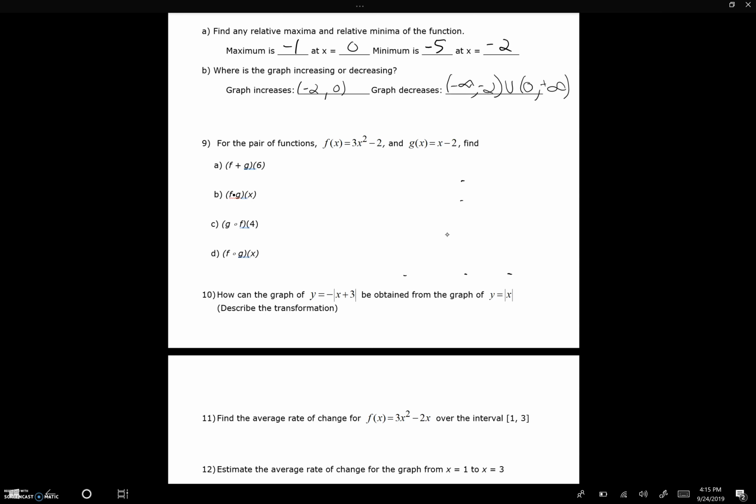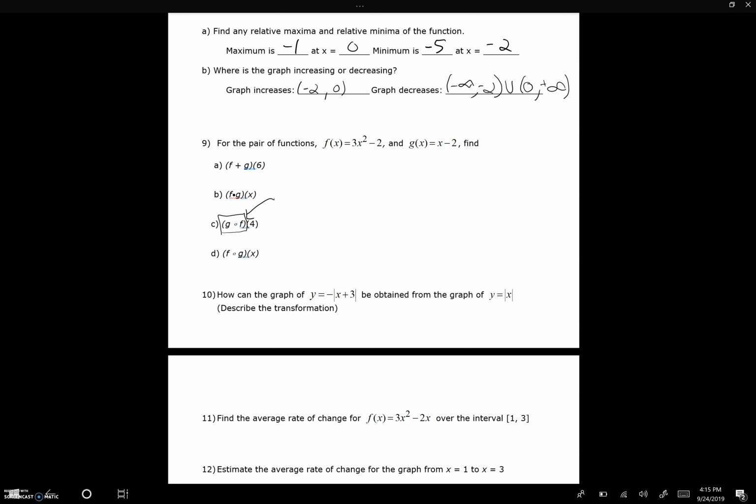Now we're going to get into the composition of functions, which is different than multiplying. So this one, okay, we have g of f of 4. All right, so first of all, let's do g of f.